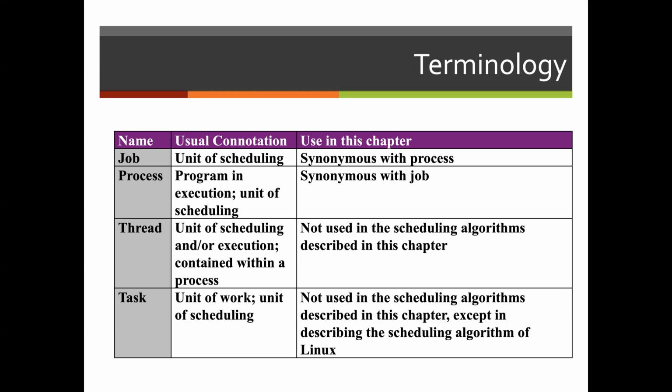A thread is going to represent a unit of scheduling and/or execution, and a thread is contained within a process. And so we also have a task, and you want to keep in mind a task is a unit of work or a unit of scheduling. Threads and tasks are not necessarily going to be utilized in this chapter, but they should be terms that you have heard explicitly in use in your daily life or working with computers.